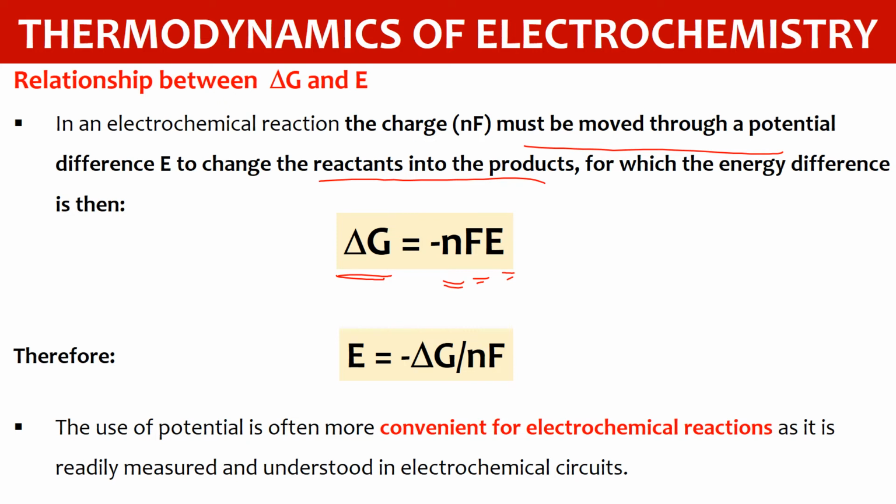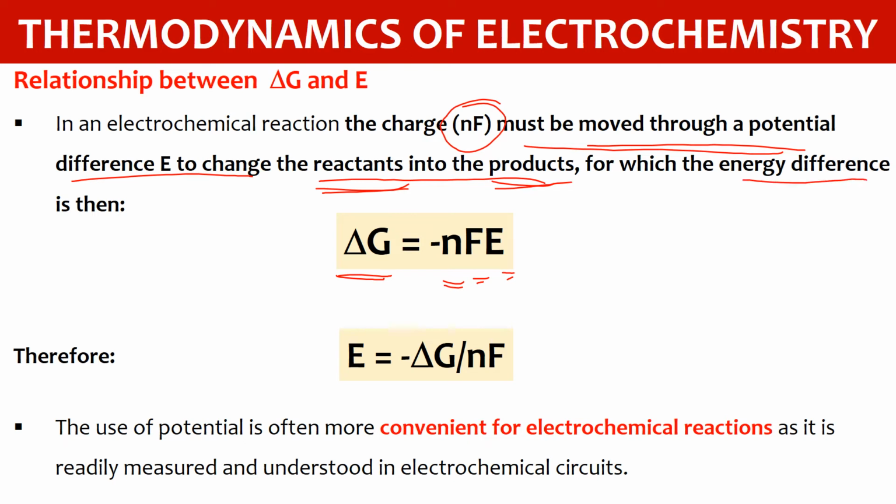Let's define this again. In an electrochemical reaction, your charge is nF, where n is the number of charge carriers, might be your electrons, times F, the Faraday constant, and then E, the potential. So the charge must be moved through a certain potential for the reaction to occur, for your reactants to be changed into products.